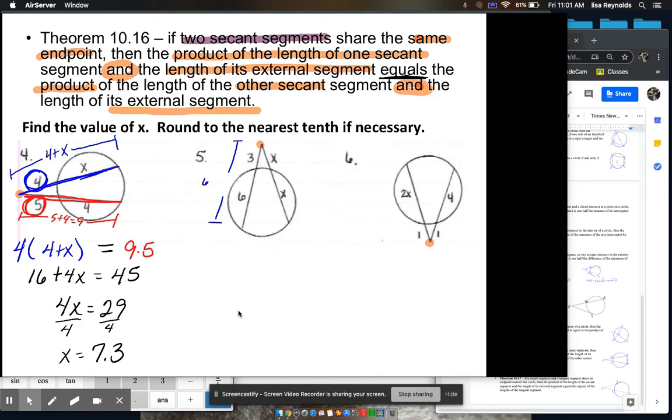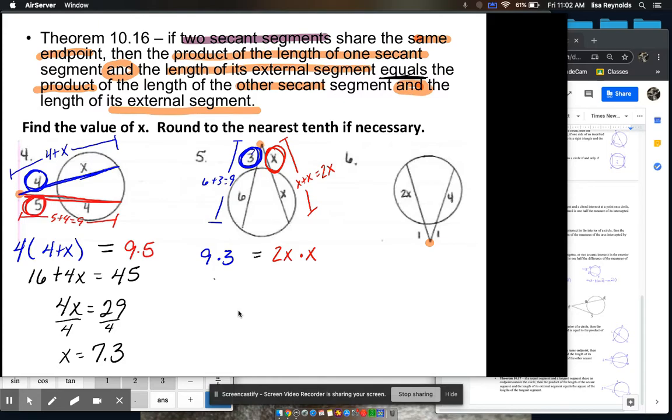So each time we need the entire segment. So 6 plus 3 is 9. We multiply it by the external portion. So each time we're going to take the entire segment. x plus x, remember, is 2x when we combine our like terms, and we multiply it by the external, and our products are equal.